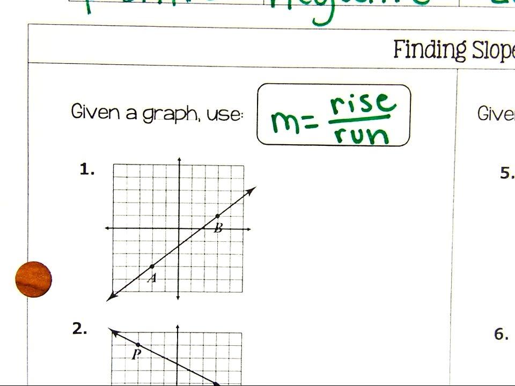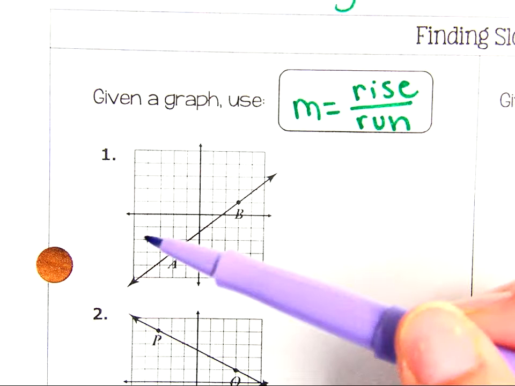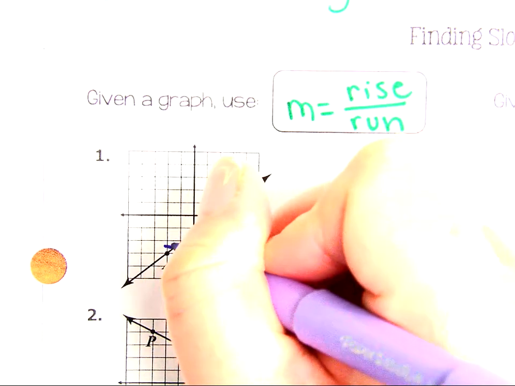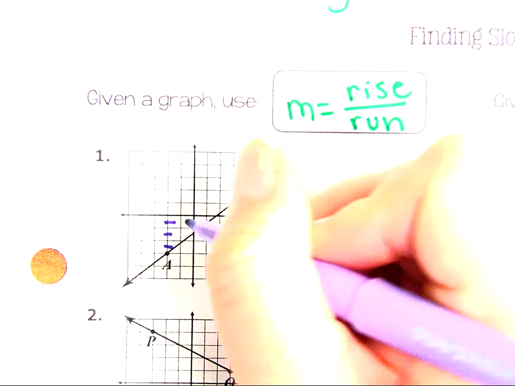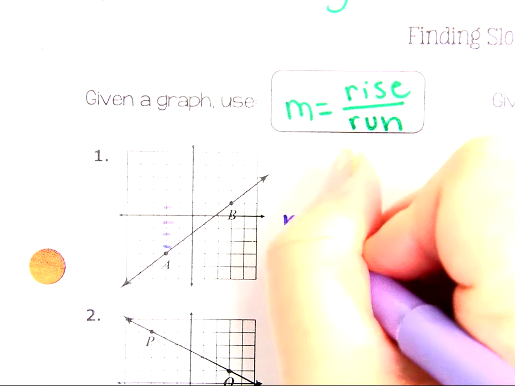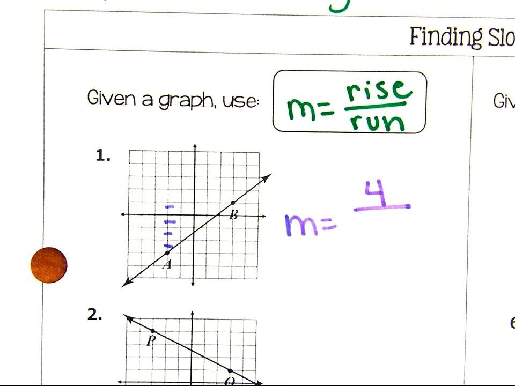So let's look at this first example here. Okay, so I need to figure out how far apart up and down A and B are. So I'm going to count the rise. There's 1, 2, 3, 4. So m is equal to 4 over the run, which is how far apart they are.